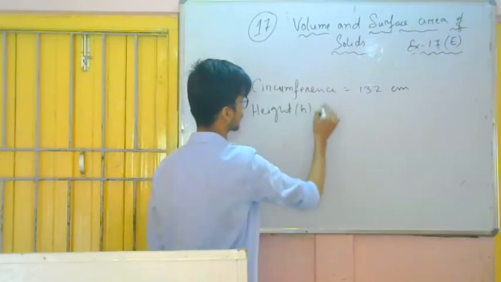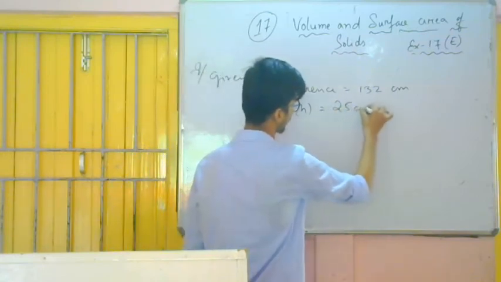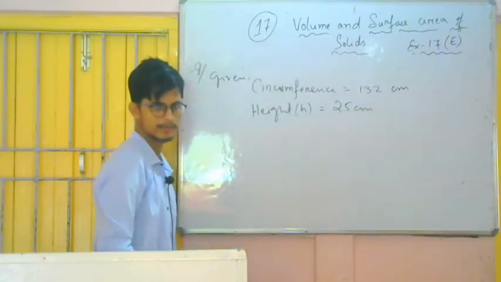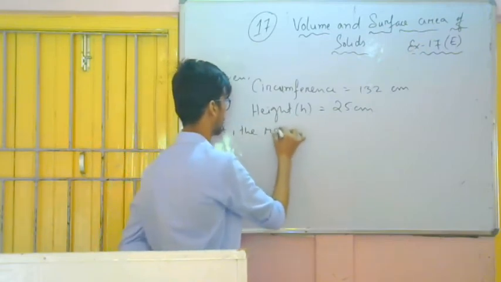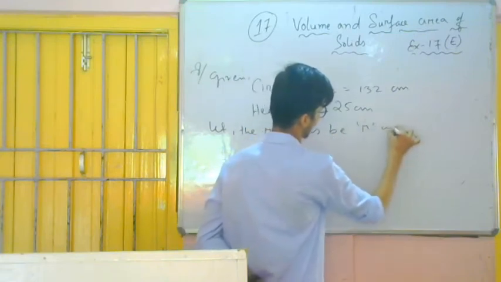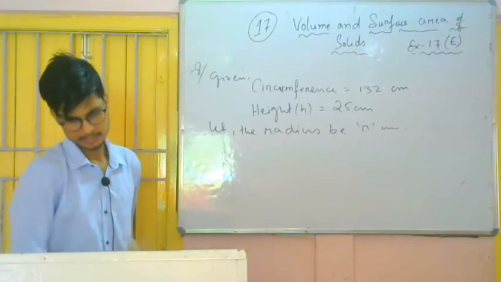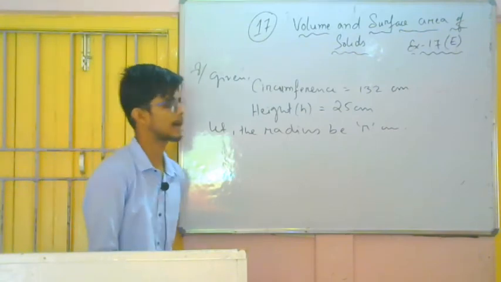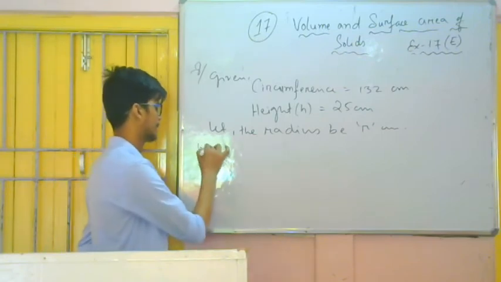Height h is given as 25 centimeter. So let the radius be r centimeter. Circumference is given 132, height is given 25.